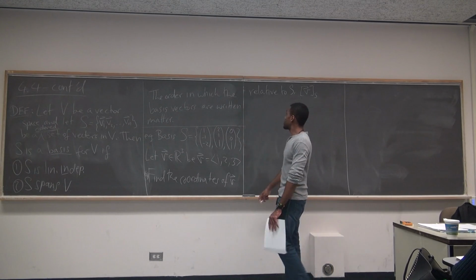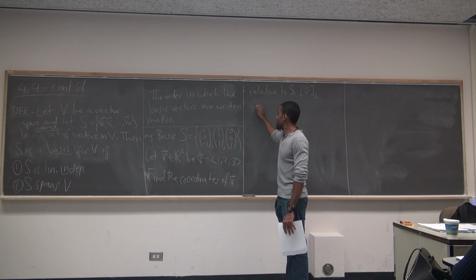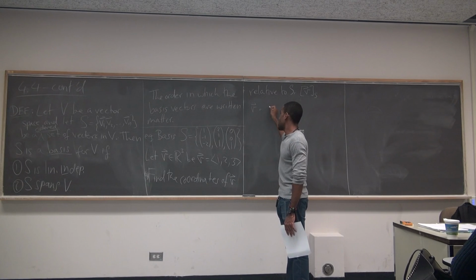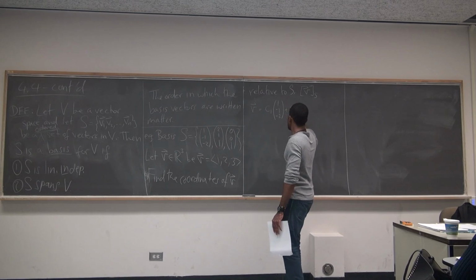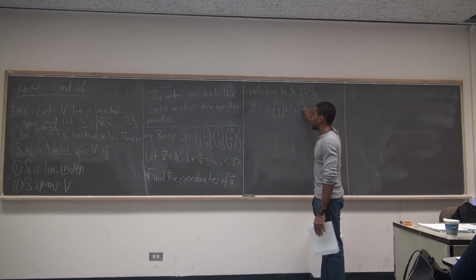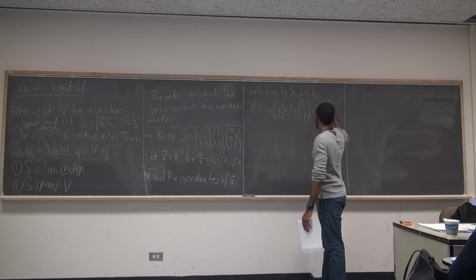So with this one, (1, 2, 3) is equal to c1 times the first vector, plus c2 times the second one, plus c3 times the third one.